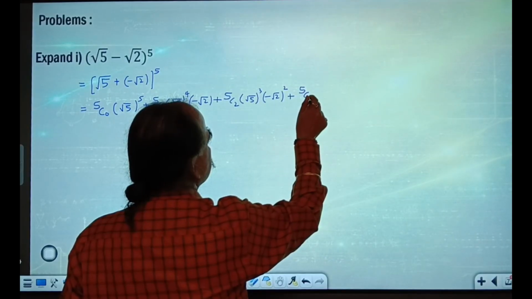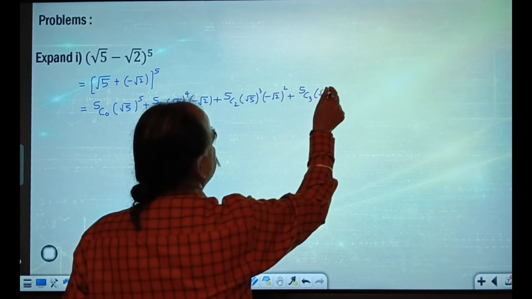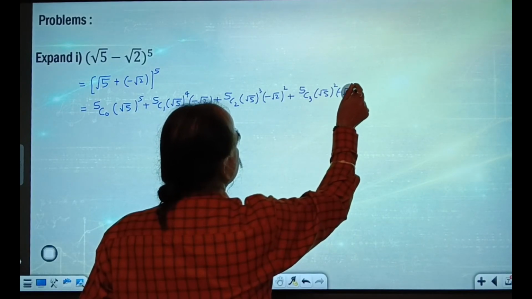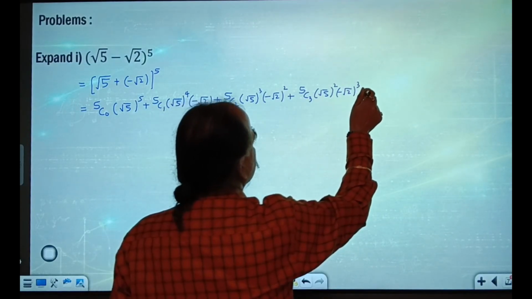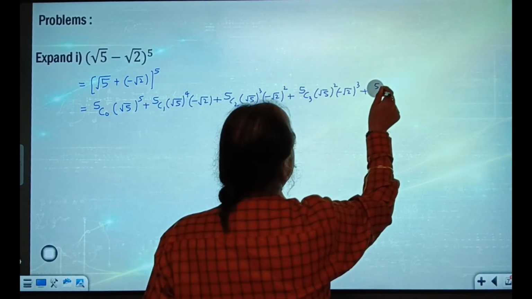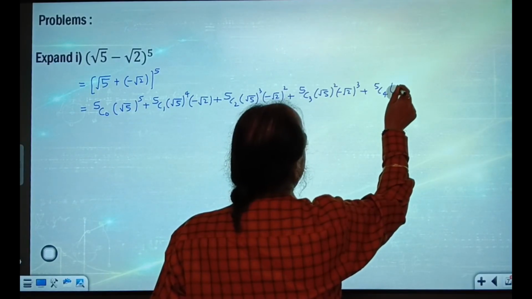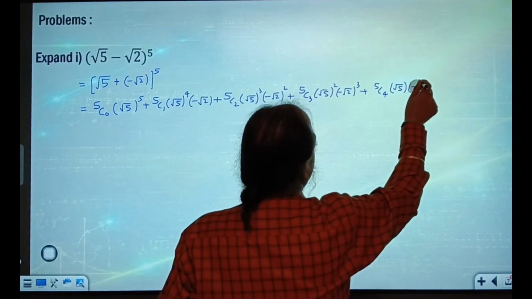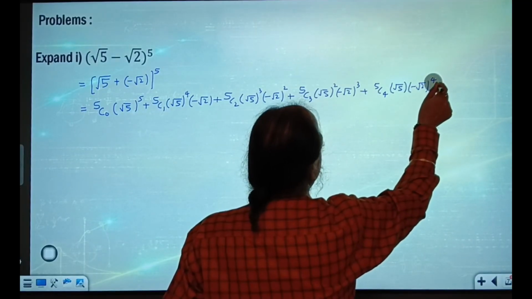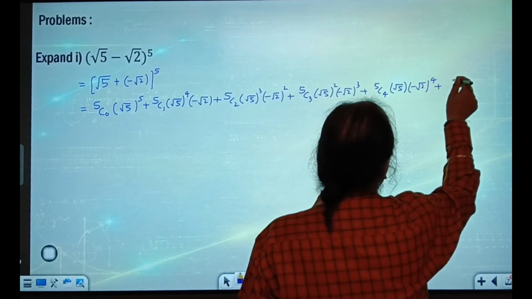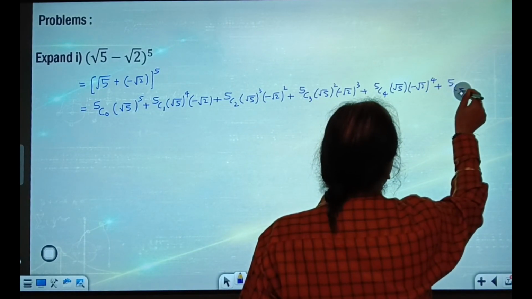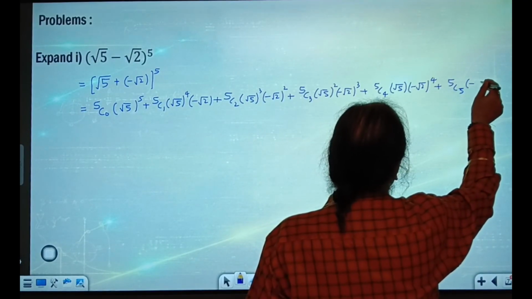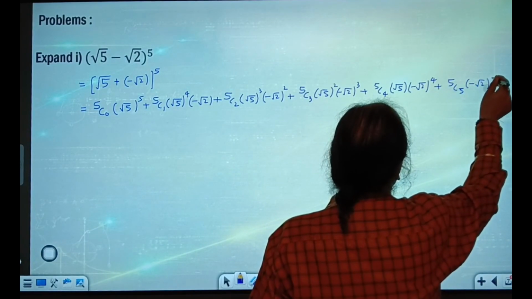5c3 root 5 square into minus root 2 cube plus 5c4 root 5 into minus root 2 raised to 4. Then 5c5 root 5 raised to 0, that is minus root 2 raised to 5.